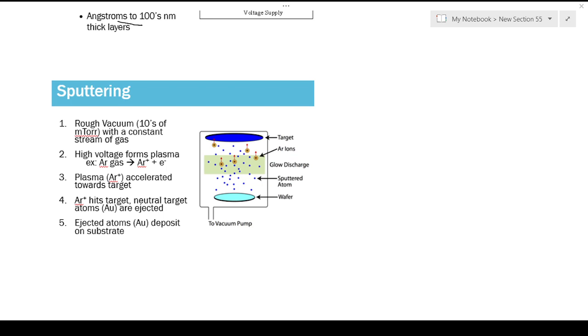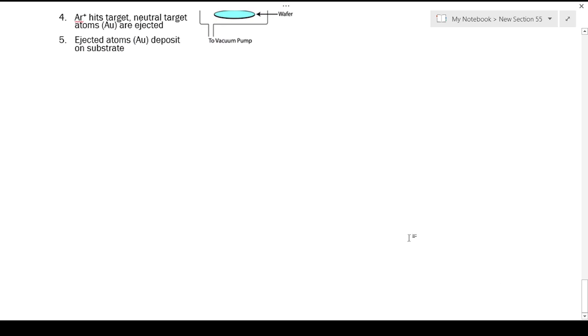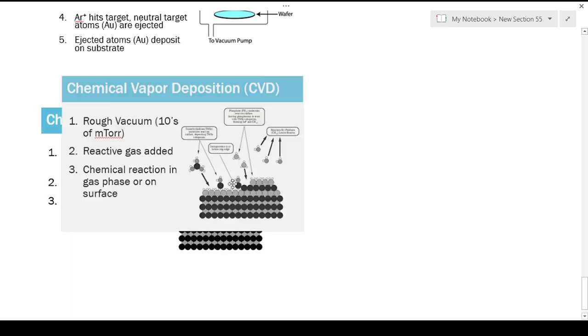And there are solution based methods which we call chemical deposition methods. So there are two types of deposition methods: one is physical deposition, another is chemical deposition, and sputtering, thermal evaporation, and chemical vapor deposition come under this.